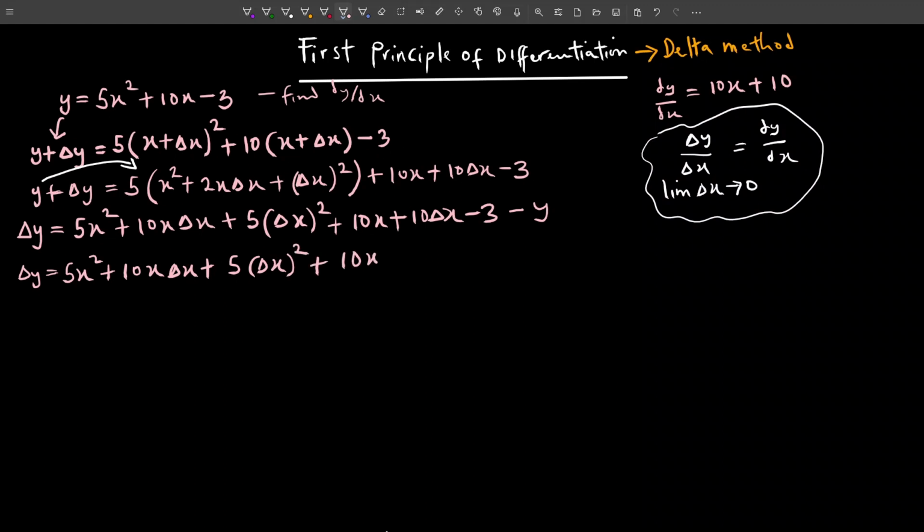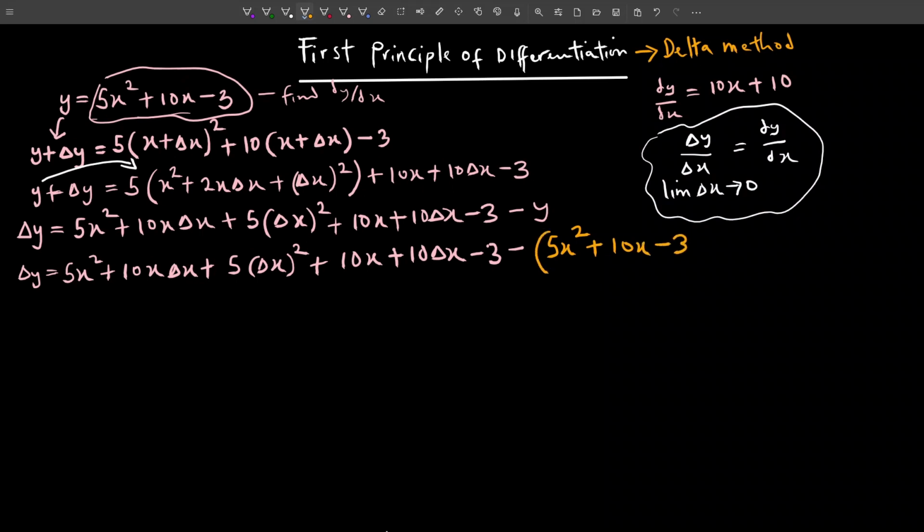plus 10x plus 10 change in x minus 3 minus, now what is y? y is everything here. y is 5x squared plus 10x minus 3. So we have to just put this in a bracket because the minus sign affects the bracket.